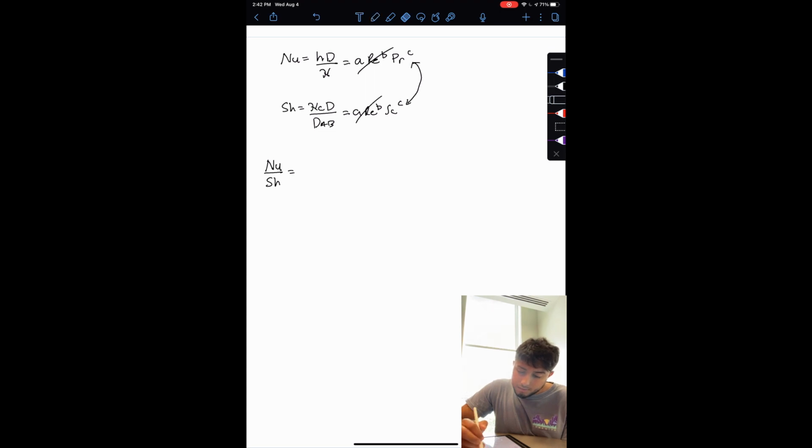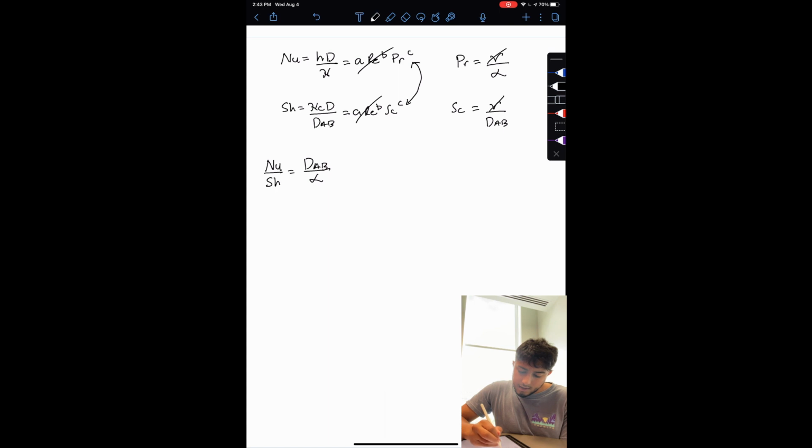So for the Prandtl number, we have its velocity over its thermal diffusivity. We have the Schmidt number, its velocity over its diffusion coefficient. We know that the velocities cancel out, and all we're left with is the diffusion coefficient over its thermal diffusivity.